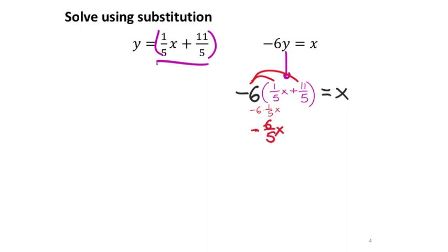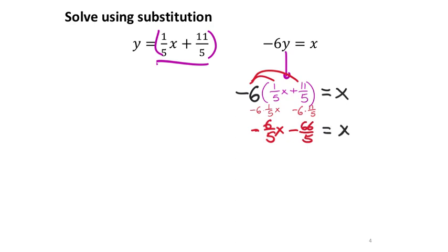And then I've got the negative 6 multiplied by the 11/5, which would result in, as a fraction, negative 66/5. Now, if you wanted to use the decimals here, that's fine. You're going to get the same answer either way. But I like the fractions, so I'm going to keep them.